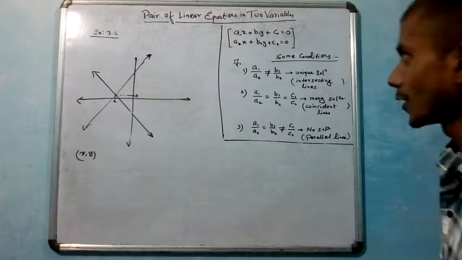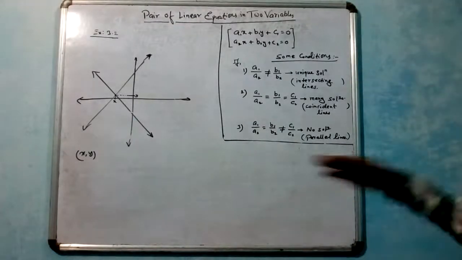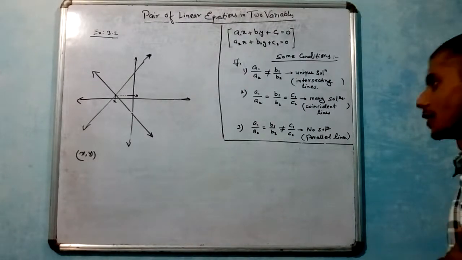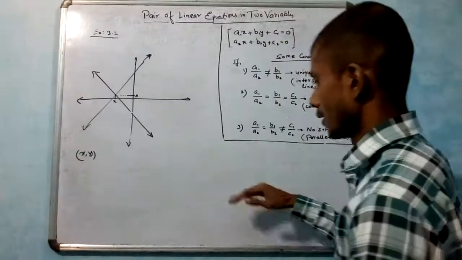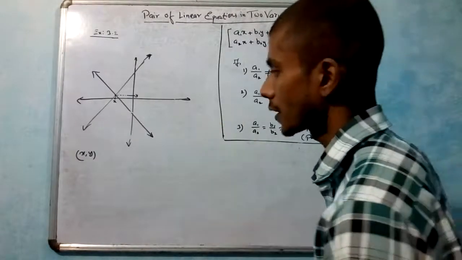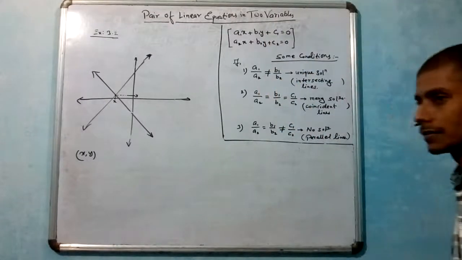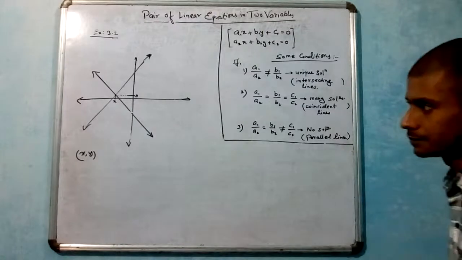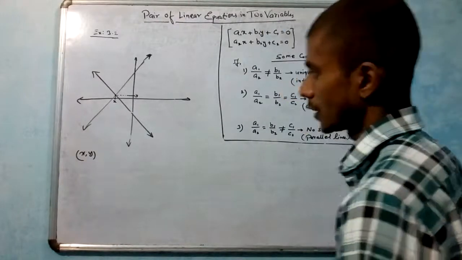So what actually we are doing here? We are discussing how to solve the question. No, the fourth question. What is it asking? If we have the consistent pair of equations, solve them graphically.